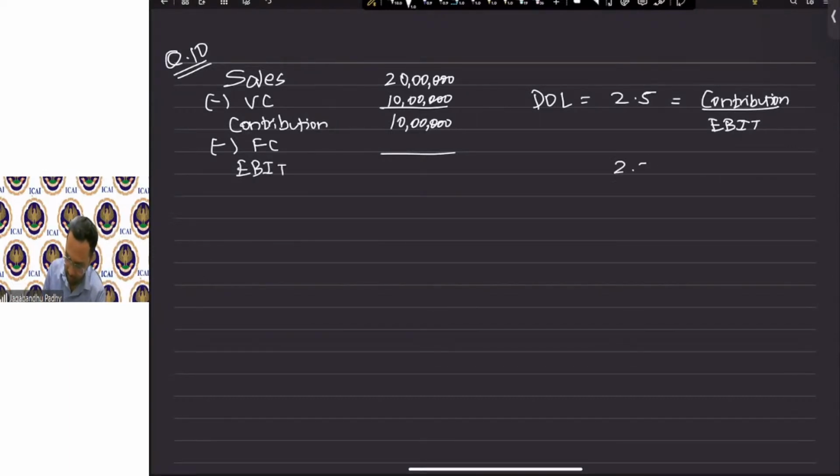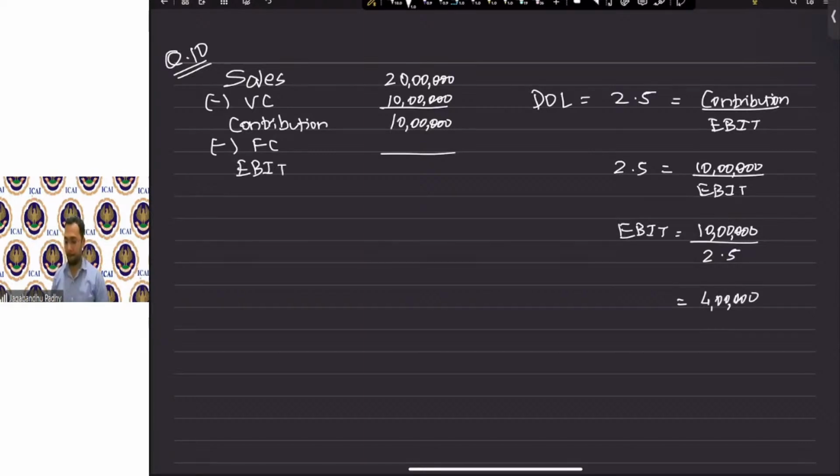So degree of operating leverage 2.5 equals contribution of 10 lakh upon EBIT. EBIT is 10 lakh divided by 2.5, which will give us 4 lakh. EBIT is 4 lakh. Fixed cost will be the balancing figure, 6 lakh.